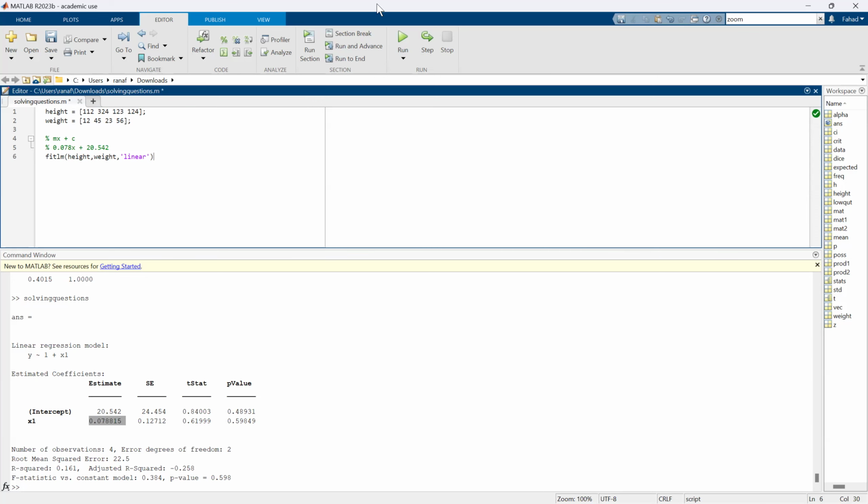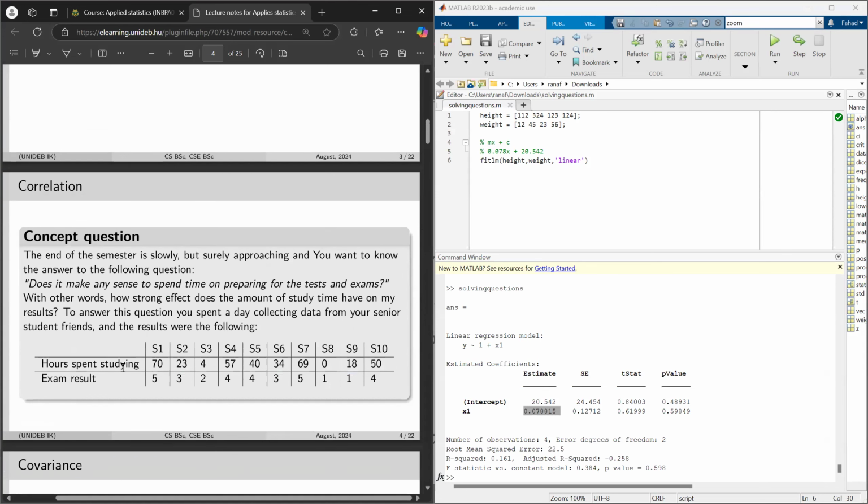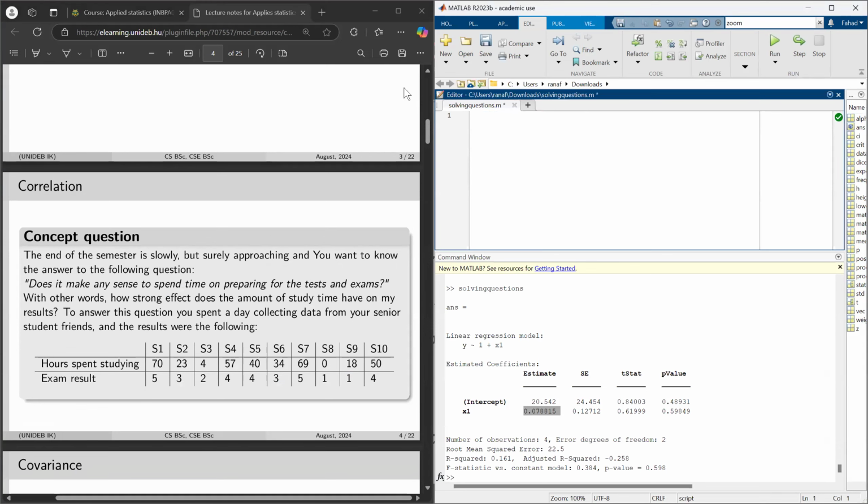Now let's look at the actual data set that we have been given here: hours spent studying compared with the exam result. We'll make the vector hours: 70, 23, 4, 57, 40, 34, 69.